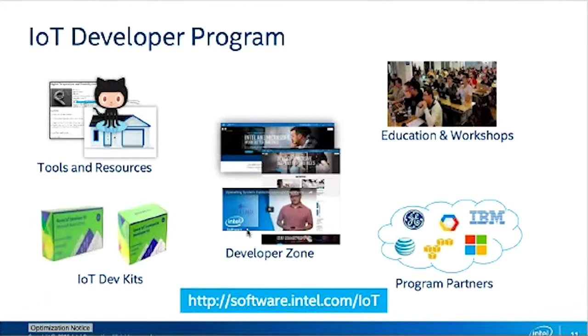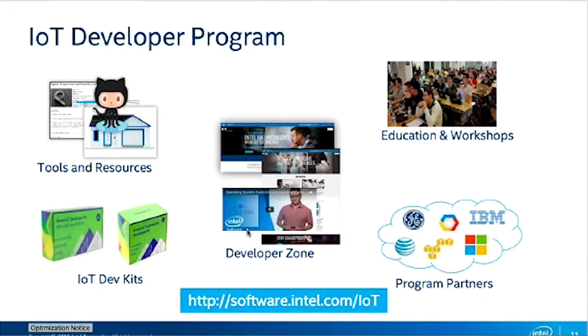And then there is education and workshops that we conduct, and this webinar series is one example, to help you understand the different technology offerings from Intel. One of the key things of these workshops and webinars is that we are bringing not only the Intel point of view, but also a lot of external speakers, so that you get an industry point of view of where things are as well.